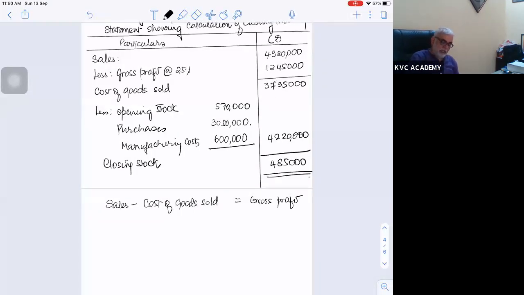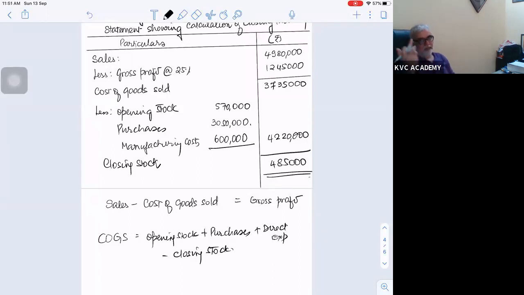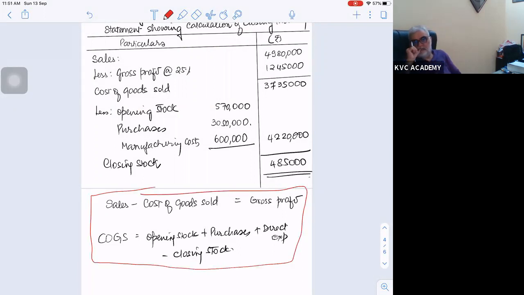And the other one is that cost of goods sold is equal to opening stock plus purchases plus direct expenses minus closing stock. These are the two formulas that are constantly used to find out this closing stock. I want you to remember these two formulas, understand them and remember them. Once you understand it, it comes automatically to you. Extremely important from examination point of view.